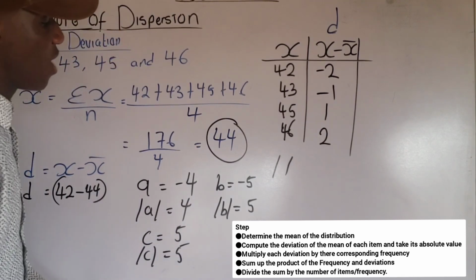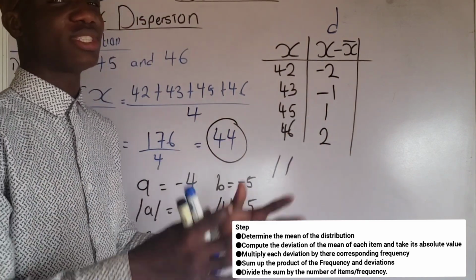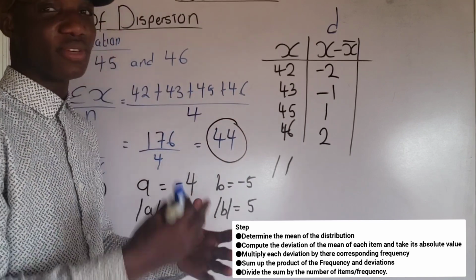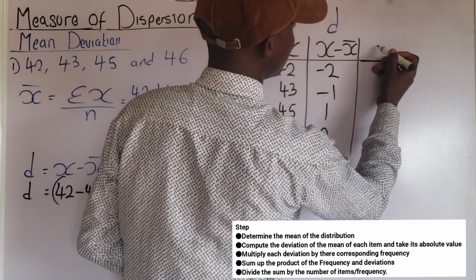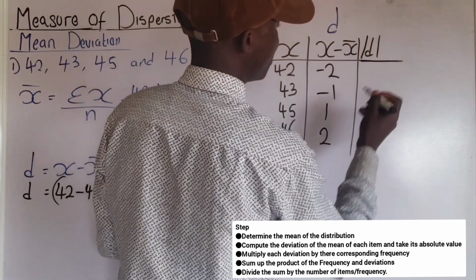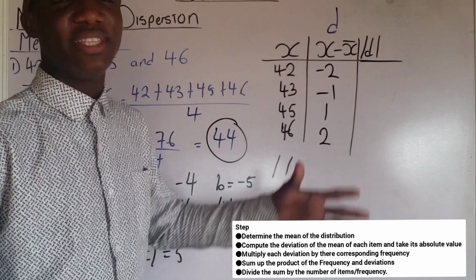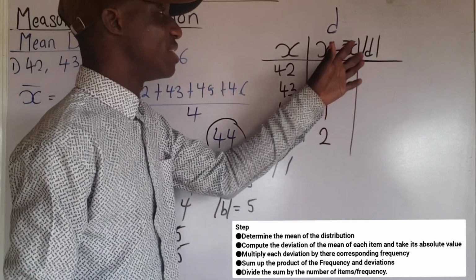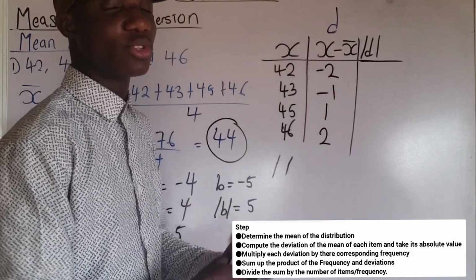So when we take the absolute value of a number, it becomes positive. If it is positive before, it still remains positive. If it is negative, it becomes positive. So I'm going to take the absolute value of the deviation. The reason I want to take the absolute value is that we have some deviations that are negative, so by the time I take the absolute value, the negative sign is not going to be there again.